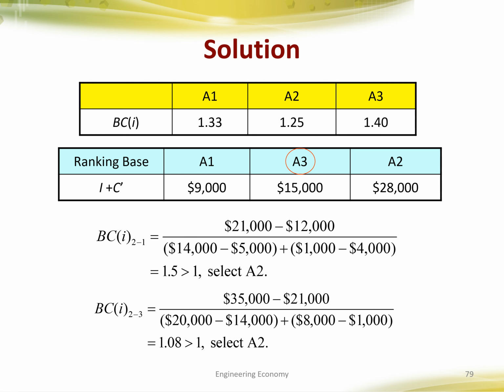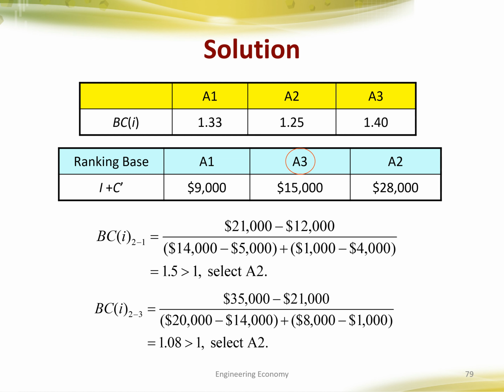So these are the benefits and costs. We take alternative 2 over alternative 1, so it's 2 minus 1. Again, we take the benefit, subtract them, we take the investment costs and the operation and maintenance costs, we subtract them, and the computation result is 1.5.